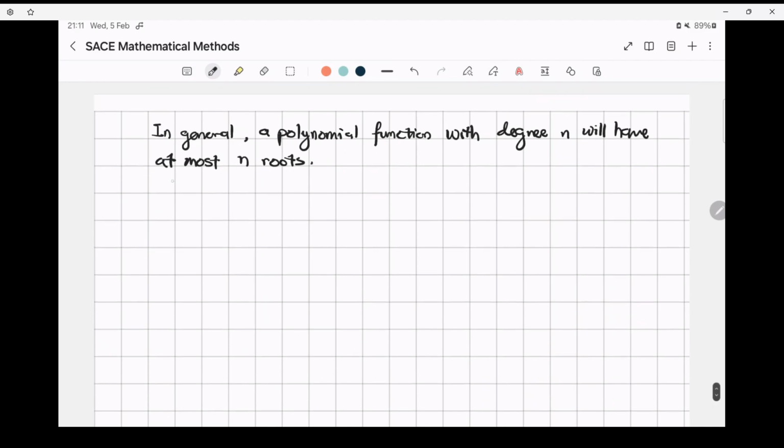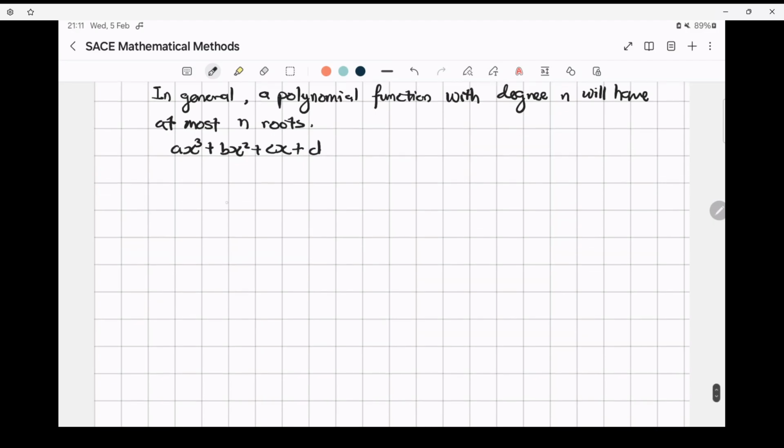So if it is a polynomial of degree 3, for example, ax cubed plus bx squared plus cx plus d, the shapes that you can have if let's say a is greater than 0, you might have something like this. So this particular shape, you intersect at most 3 points.